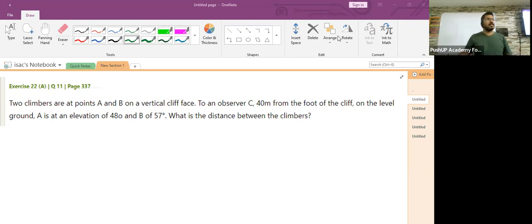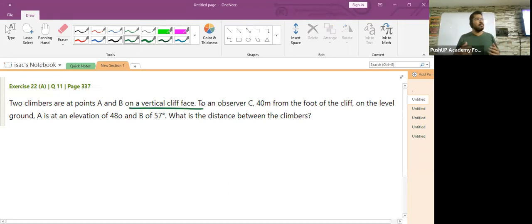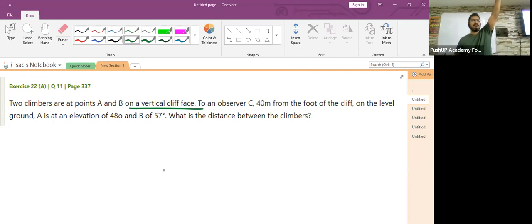There are 2 climbers, children. There are 2 climbers who are at point A and point B on a vertical cliff. So from this part, what did you understand? How many cliffs are there? Only one cliff is there. On that same cliff, there are 2 climbers. Isn't that possible? One person is somewhere at point A, the other person is somewhere at point B. Now, 2 people can climb together also, isn't it?